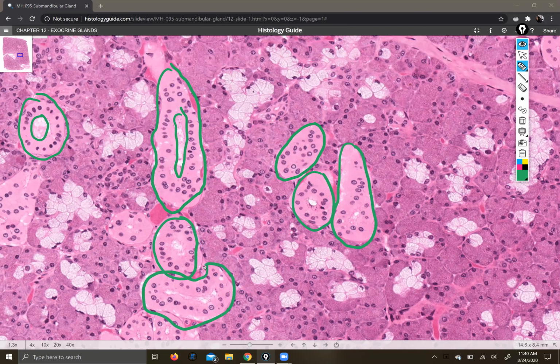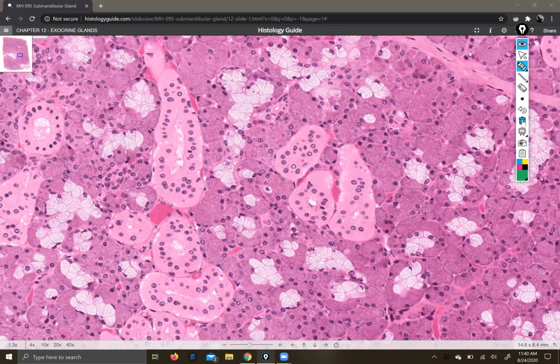So now we get to acini. Serous acini stain purplish and they appear granular. And in fact, if I go ahead and zoom way in on some of these serous acini, if you look closely, you can actually see little tiny dots. So here's a really good demilune. Let me outline it for you.